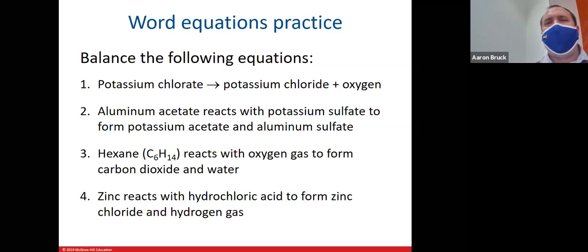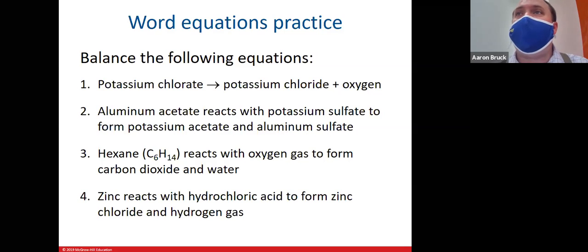Word equations put together the concepts of the two previous proficiencies, nomenclature and equation balancing. So to do these kinds of problems, I need to do two things simultaneously correctly. First, I have to find the correct formulas for the compounds in the equation.